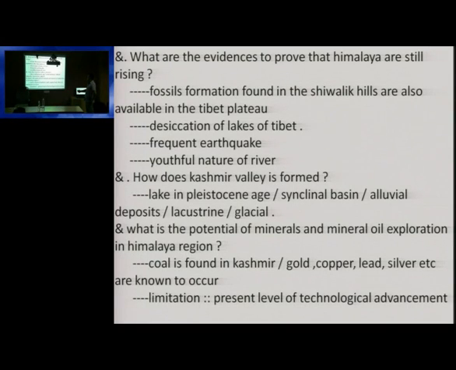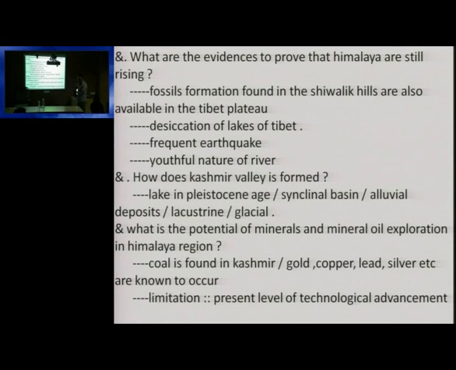Second is desiccation of lakes of Tibet. Because see, Tibet's height is something around 4,000 to 5,000 metres. In Tibet, we find sand, lacustrine deposits that were found in lakes. But lakes are absent. So what is the reason?